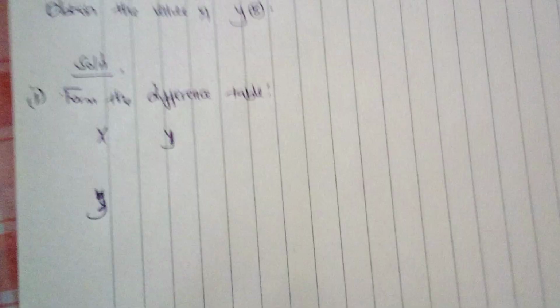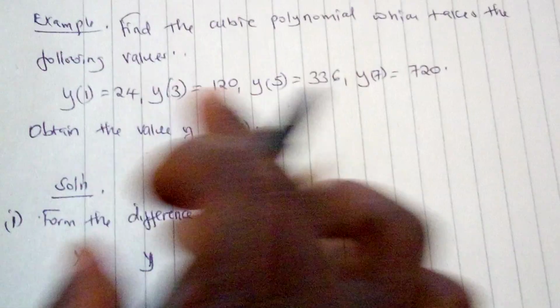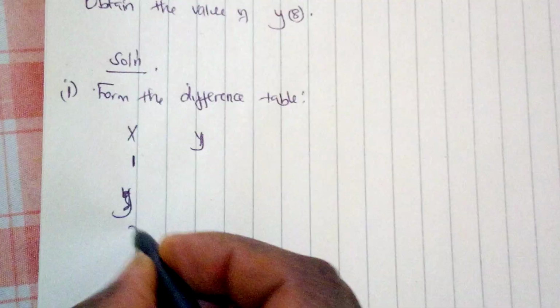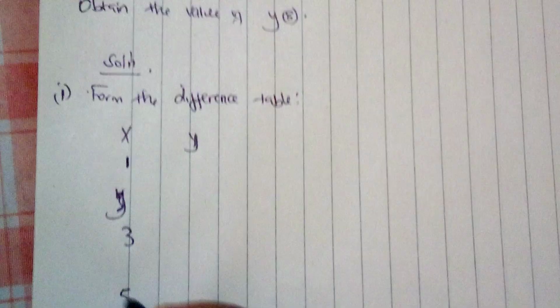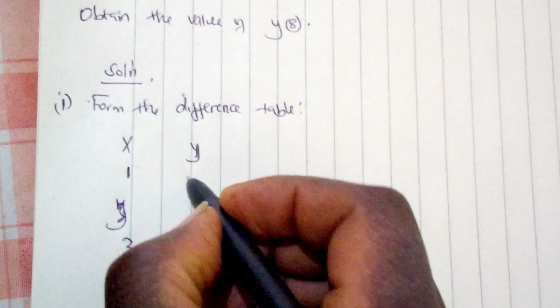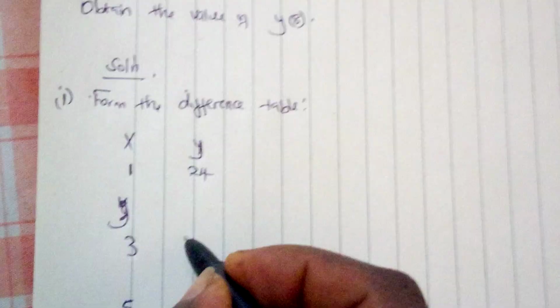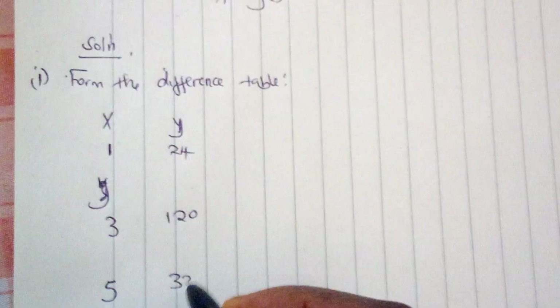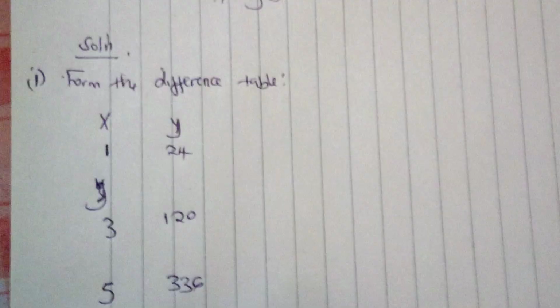So we have x and y. From our values here, we are going to write them here. So we have x, this is 1, we have 3, we have 5, we have 7. So our values of y are 24, we have 120, we have 336, and this is 720.